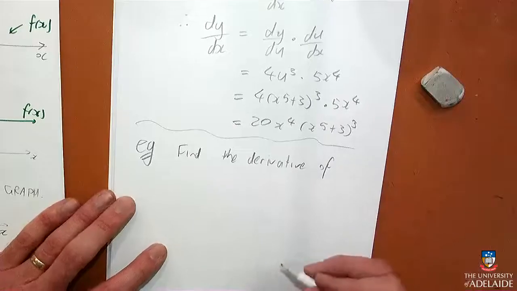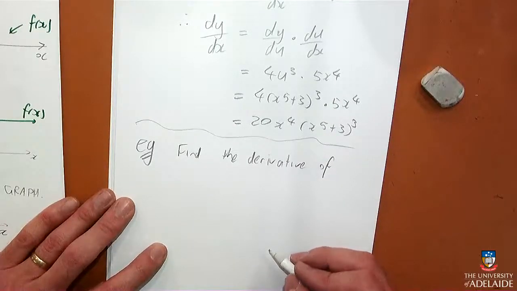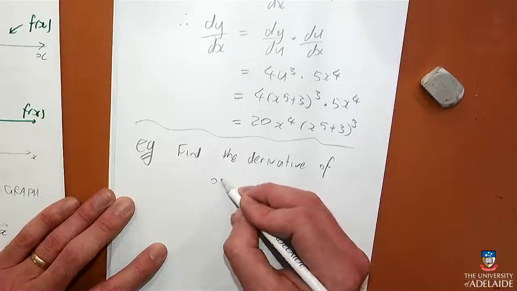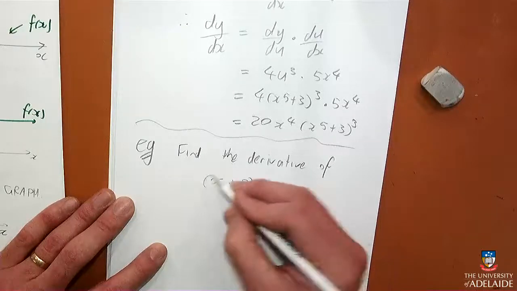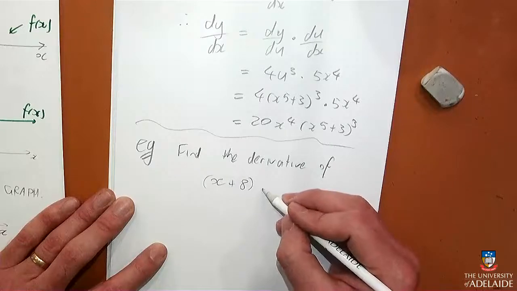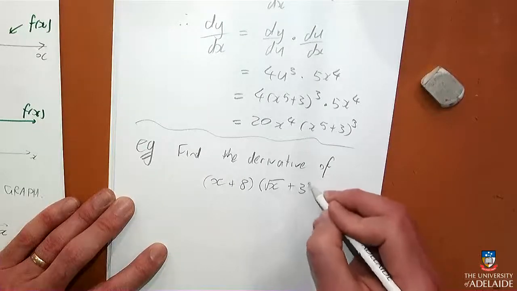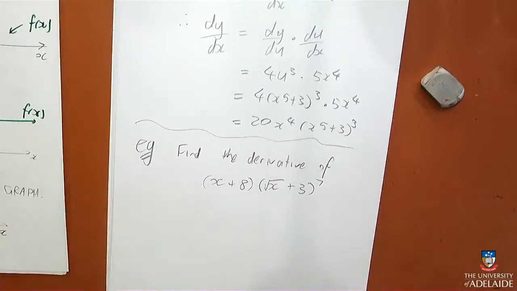Find the derivative of, let me do one. That. x plus 8 root x plus 3 to the 7. I mean, it's a stupid, stupid function.